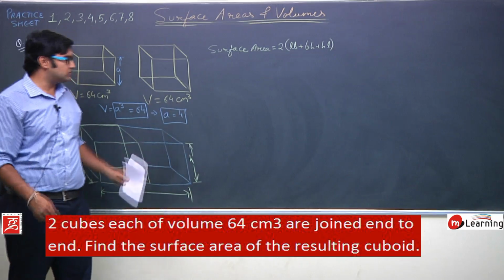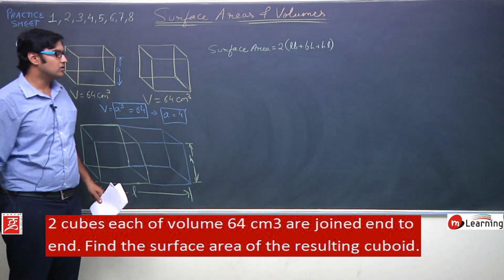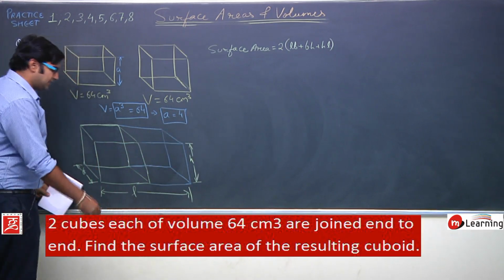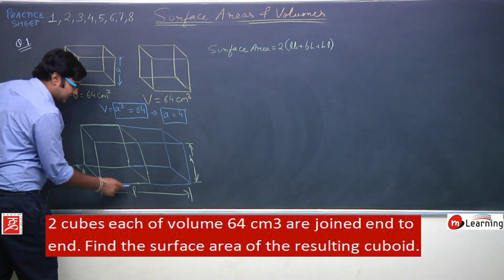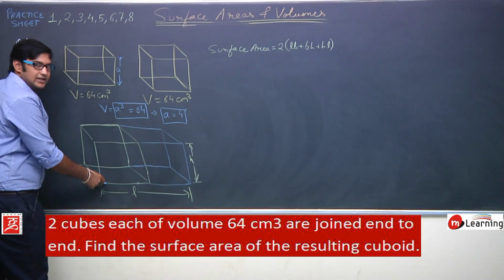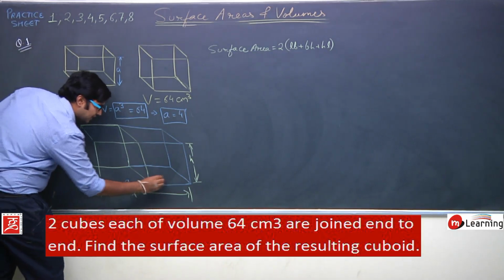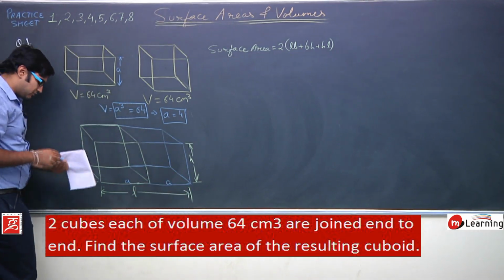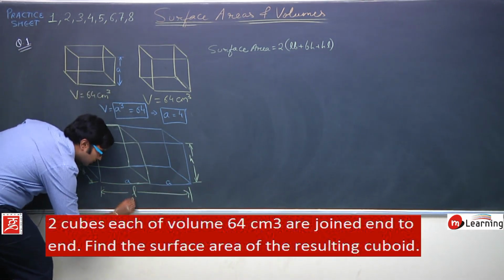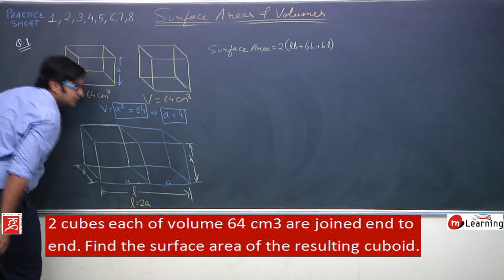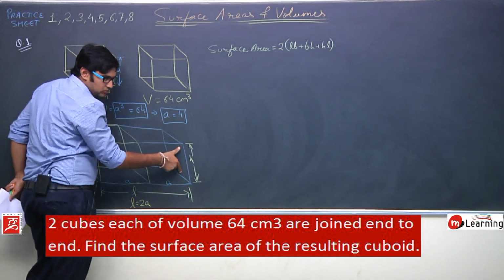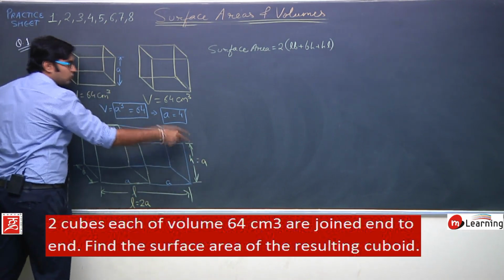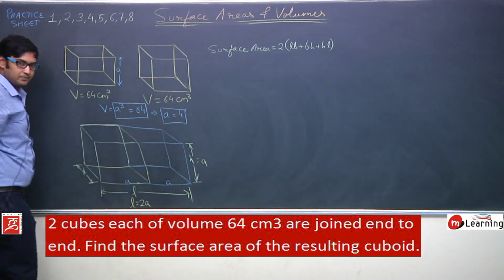The sides of these cubes are 4 centimeters long. If I see the length of this cuboid, it is made up of A and A, so the length is equal to 2A. The height of this cuboid is equal to A, because you can see this side of the cuboid and this side of the cuboid are the same.